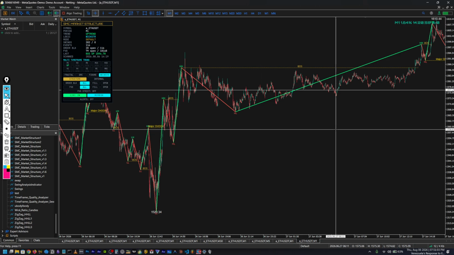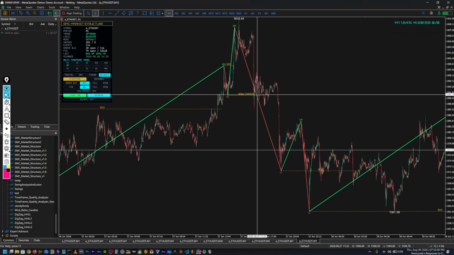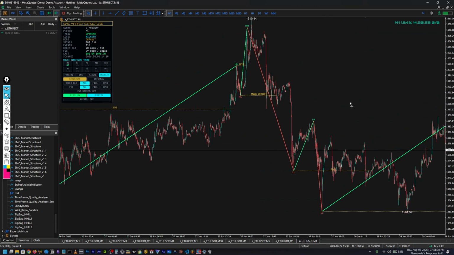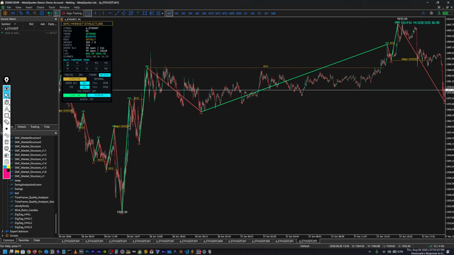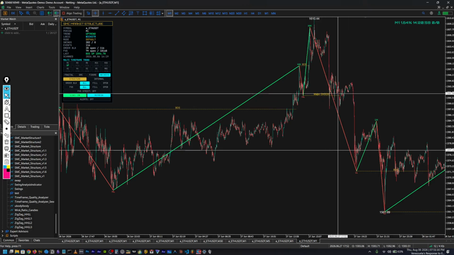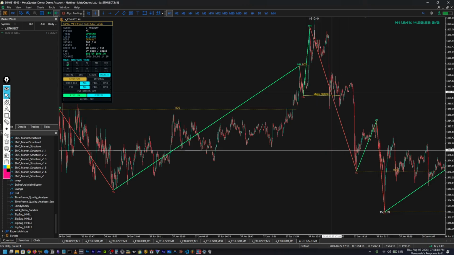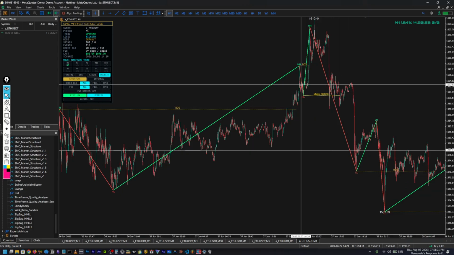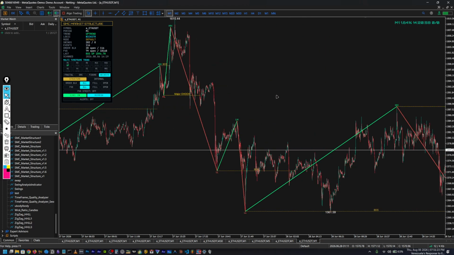Here you see the major choke. After that, here you see the major choke again. Okay, so even if you catch your entries at the major choke here in this area, then still you make profit. Okay, so here you can see the major choke, and you can just exit and earn profit from this zone.